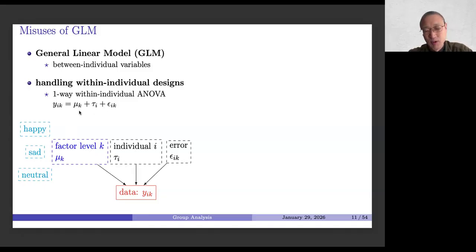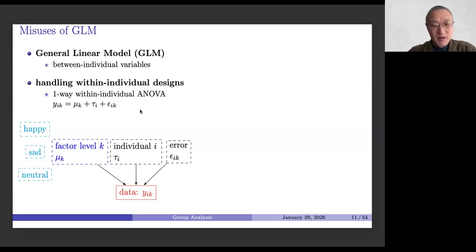The first term we call fixed effects; it's a constant. The second term is the individual variability, which we assume is Gaussian distributed; it's a random effect. The last one is just the residuals. In a traditional statistical modeling strategy, this would be called a one-way within-subject or repeated-measures ANOVA, right?